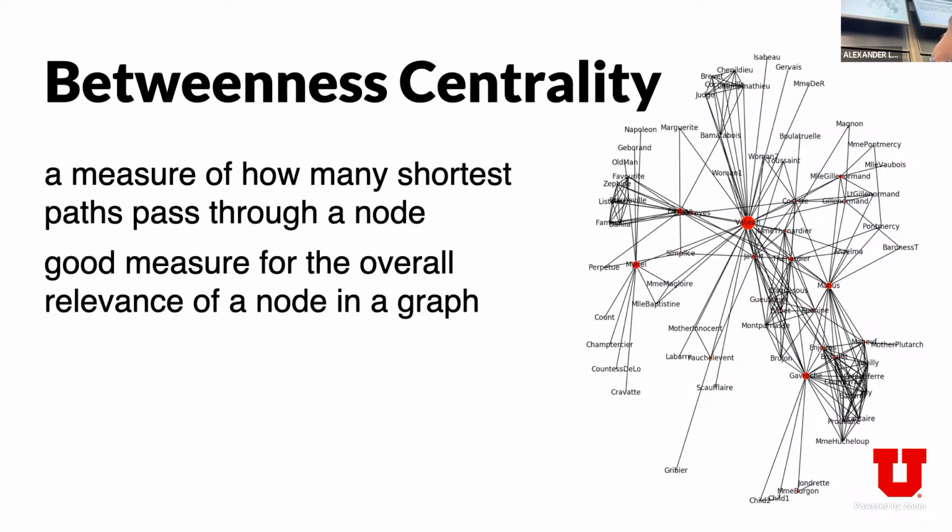If we count all the possible shortest paths between all pairs of nodes, and then we count for each node how many of the shortest paths go through that node, that's our measure for betweenness centrality. It is a very good measure for the overall importance, the overall relevance of a node in a graph.